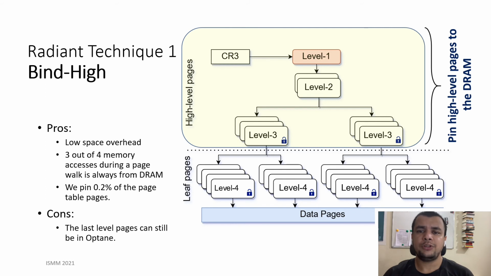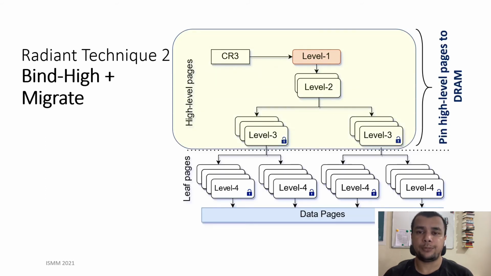To solve the issue of the last level, or leaf level, pages of the page table ending up in Optane, along with the pinning and binding of the high levels of the page table pages, we transparently enable the migration of the leaf level page table.